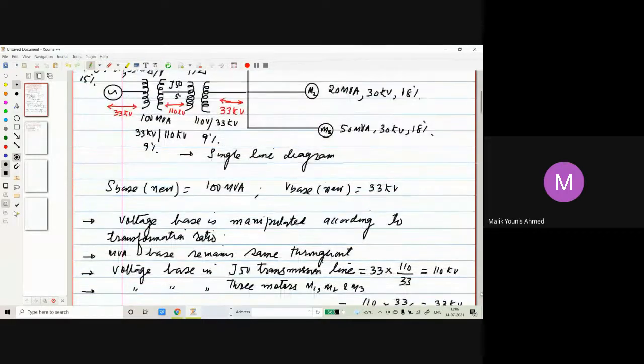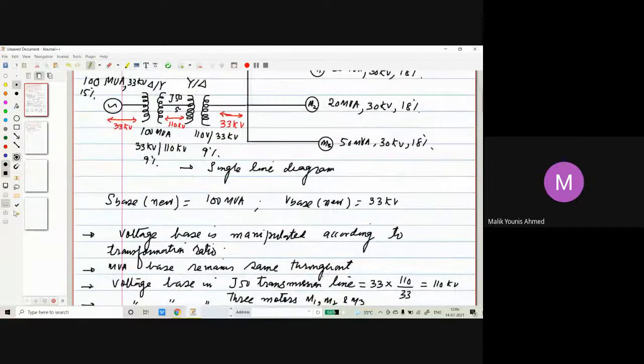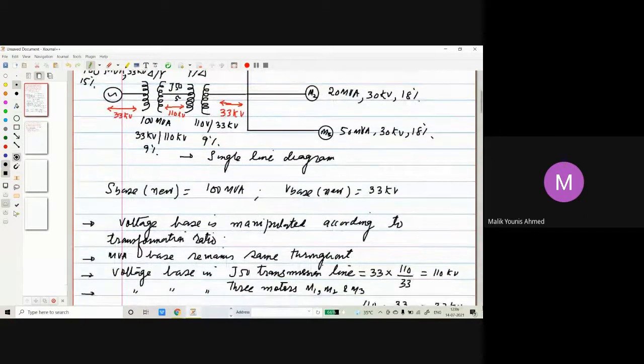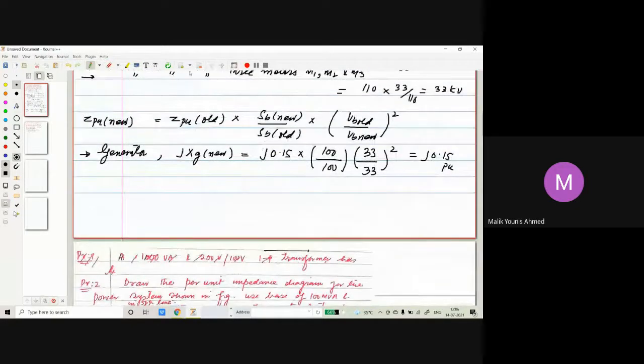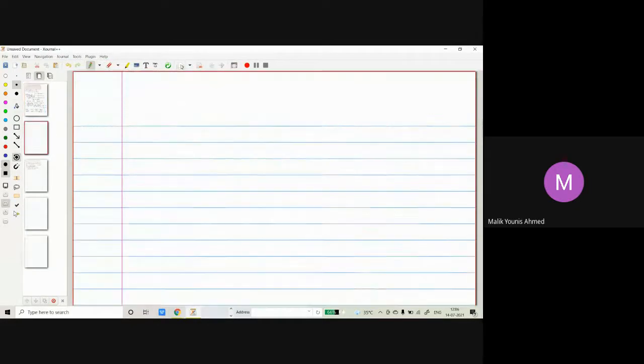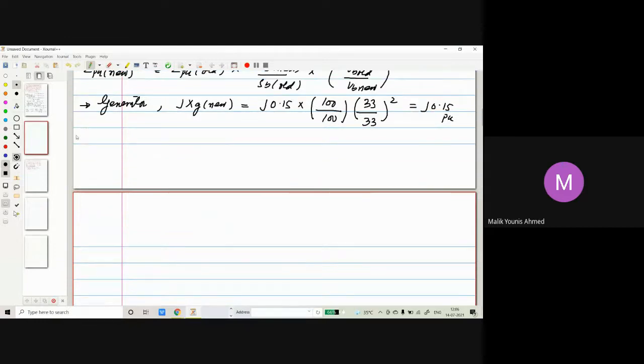Now let's move to the transformer. So we'll call it transformer T1. We'll be adding a page also. So here, second we will have transformer T1.